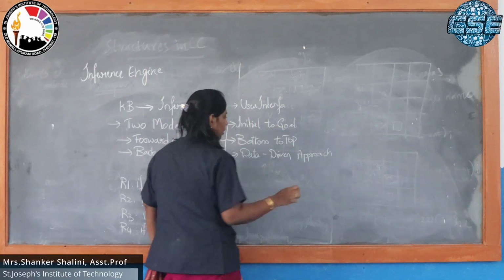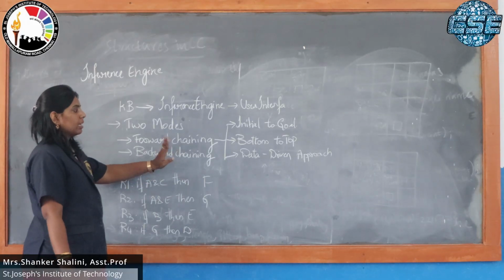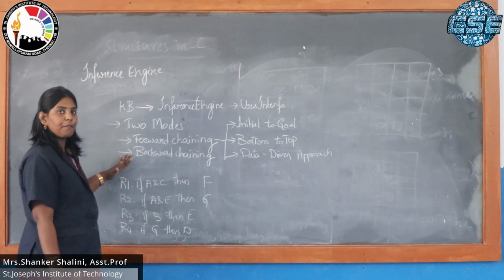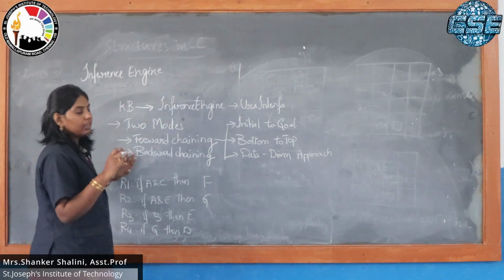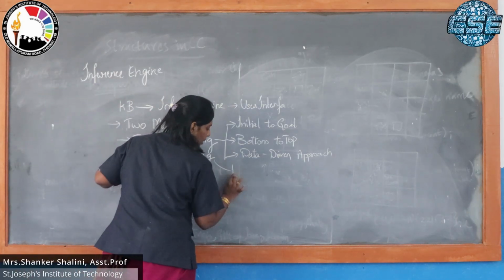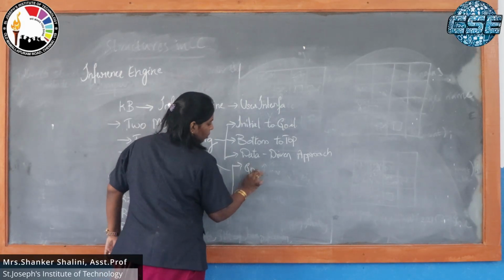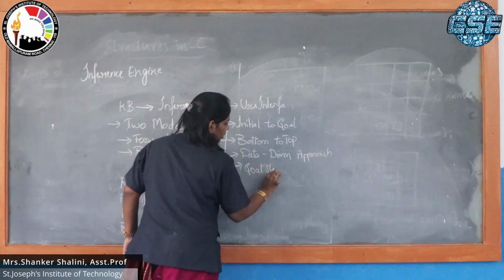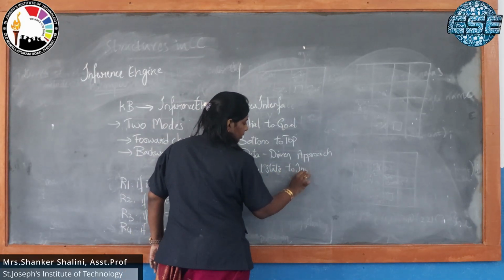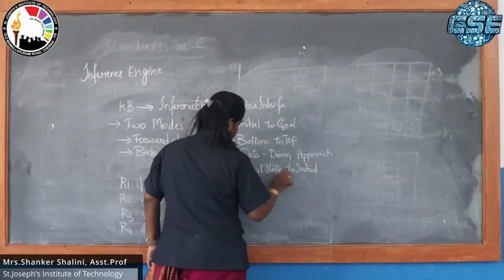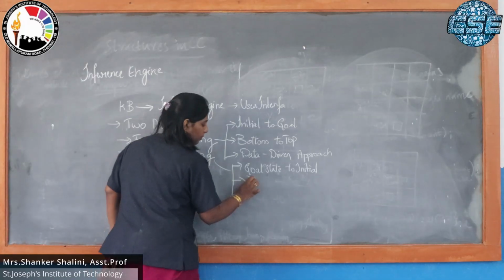Okay. Next is backward chaining. Backward chaining is the reverse of forward chaining. The search takes place from the goal state to the initial state, and from top to bottom.